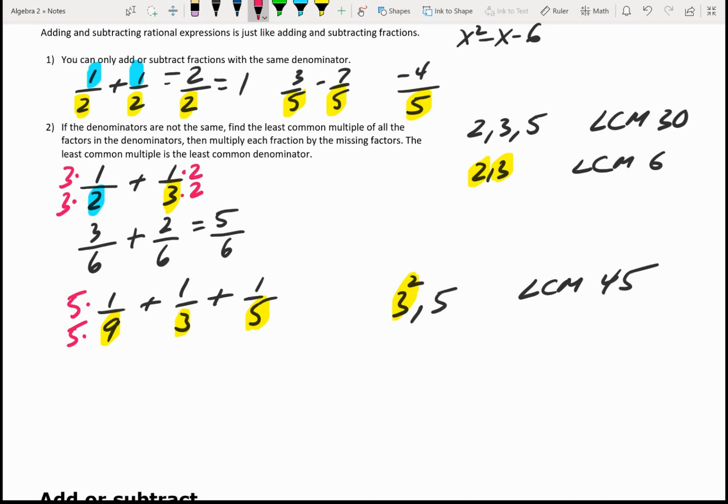I need 3 squared. I need 2 3s, so I'm missing a 3 and I'm missing a 5. So I'm going to multiply this by 15, 3 times 5. And then in the third fraction, 1/5, I'm missing the 3 squared, or the 9. So I'll multiply that by 9 and that by 9.